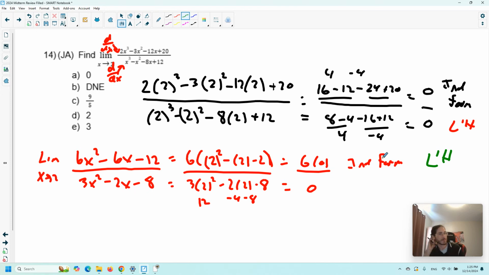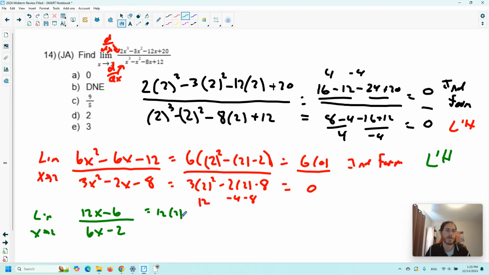That's cool. A double L'Hopital is good. So we're going to take the limit as x approaches 2 of this function: 12x minus 6 over 6x minus 2. Again, I feel a little more comfortable just plugging 2 in at this point.